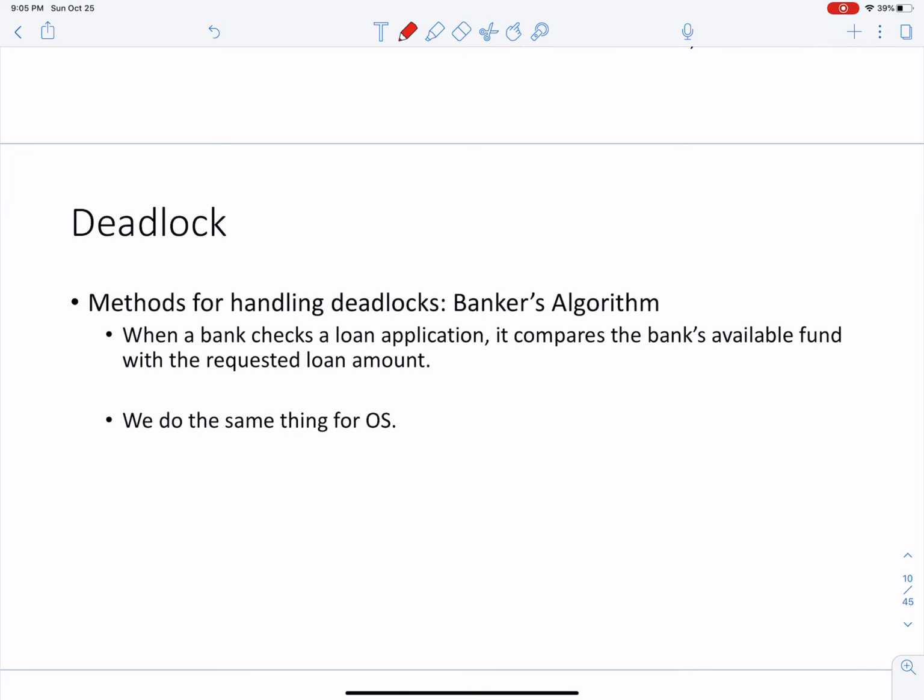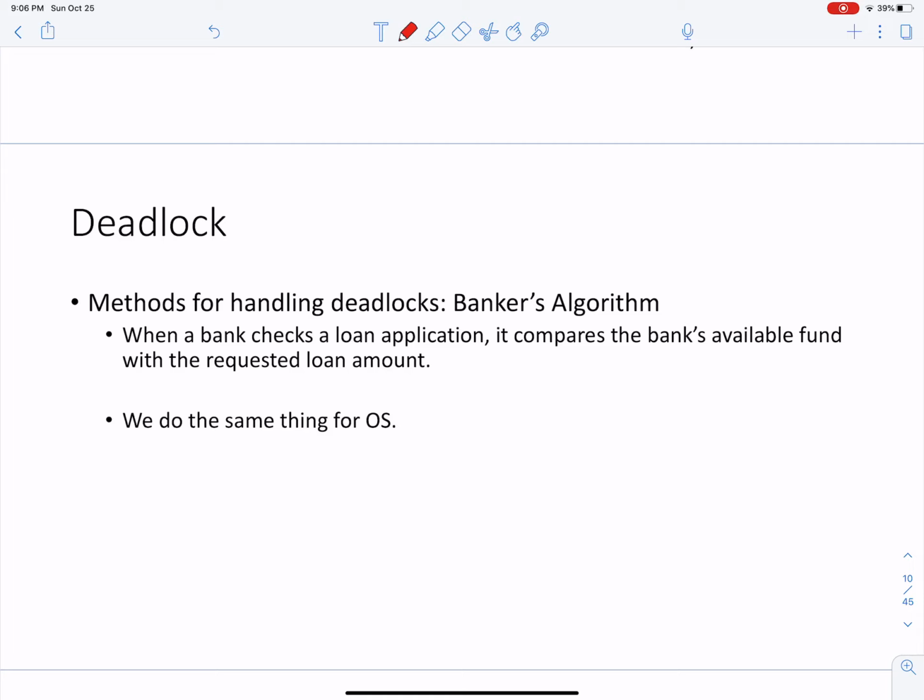And also there is another way for us to tell if there is a deadlock or not. This is called the banker's algorithm. The intuition behind the banker's algorithm is relatively easy.